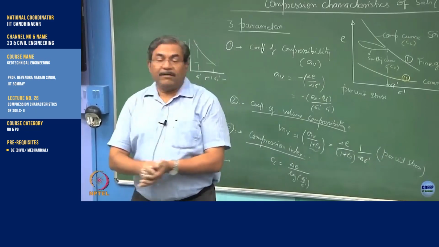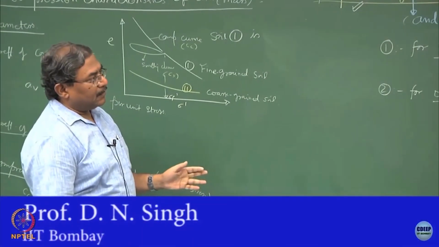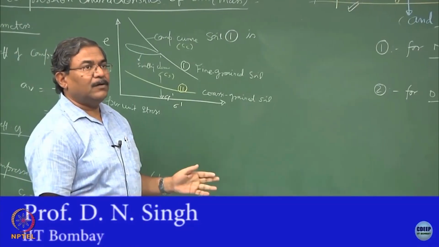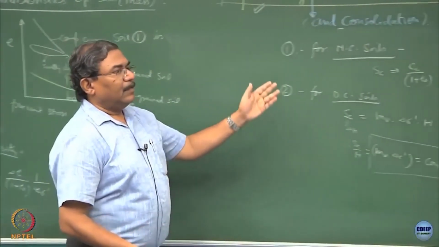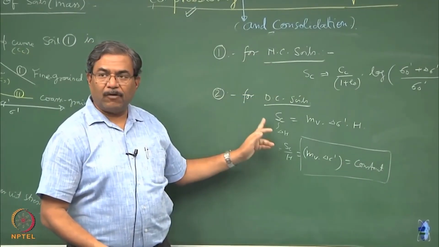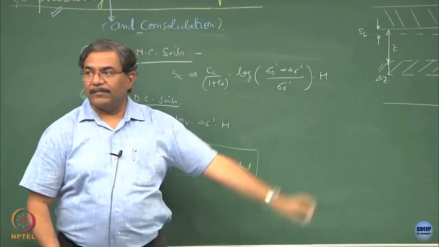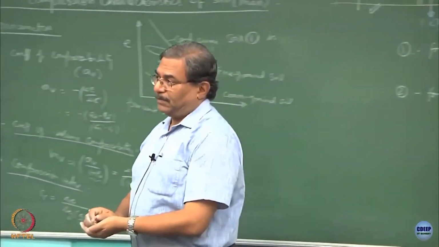So, what we have done is we have now quantified how much consolidation settlement the system will undergo when the soils behave like NC and OC for an incremental pressure of delta sigma prime. Incremental pressure is important to remember.